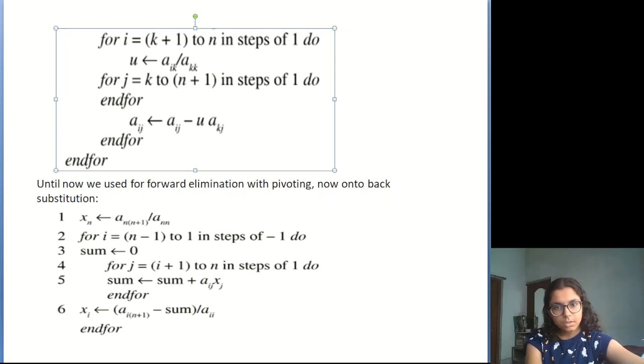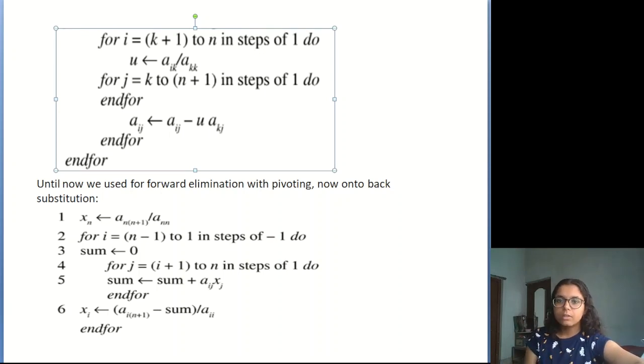Now the constant is used to create our whole equation that we generated before starting the algorithm. Now we have done all the row operations.